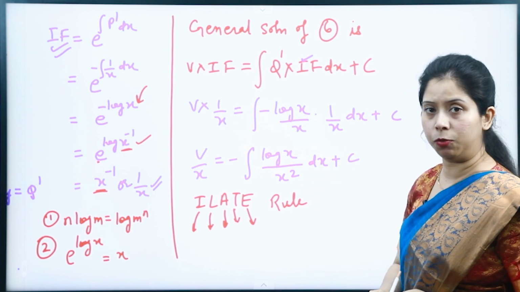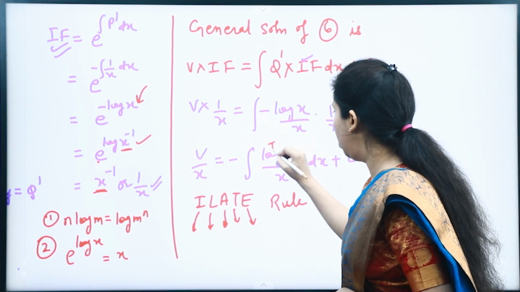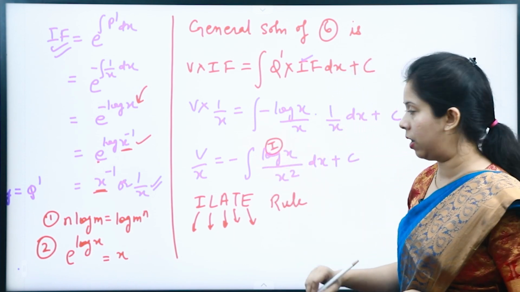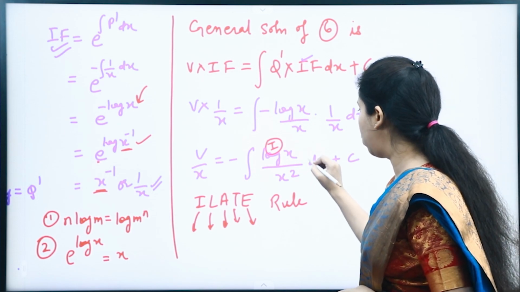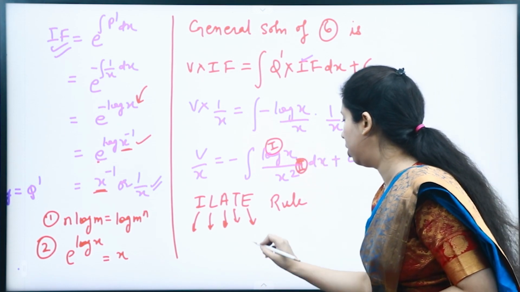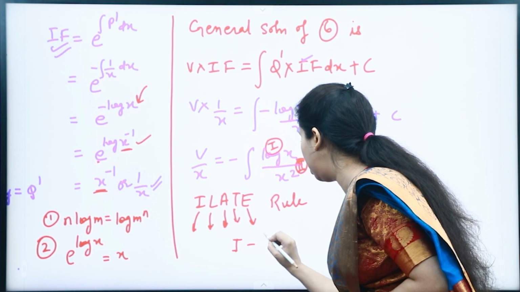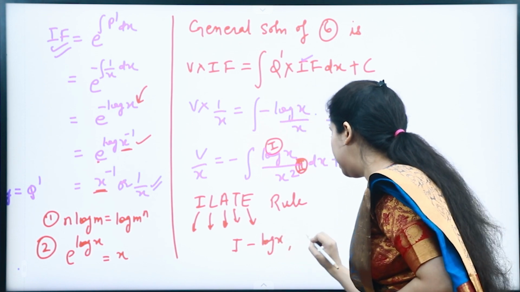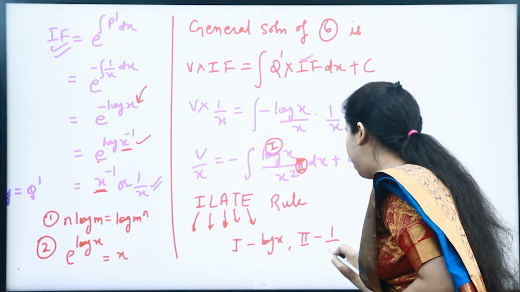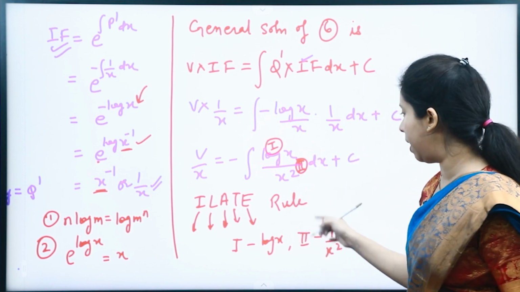Here we have a product of two functions, and out of this, log x can be written as the first function, whereas 1 by x square can be written as the second function. So the first function is log x, whereas the second function is 1 upon x square, not x square, it is 1 by x square.